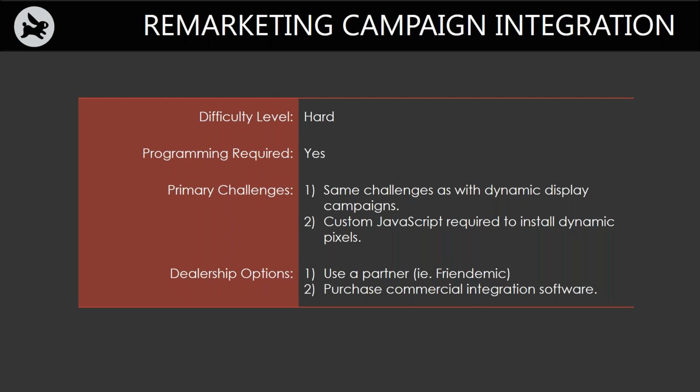So a number of technical challenges that are there, but again, very obvious options for any dealership out there. If you're working with an agency, if you're working with a Friendemic, you've got a partner to handle it for you.